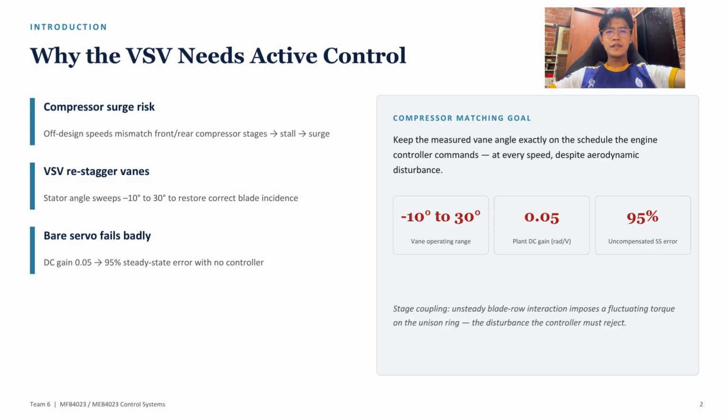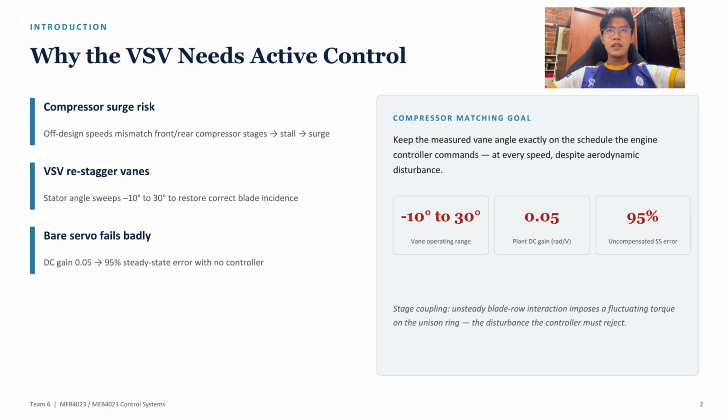The fix is the variable stator vane system. It rotates a row of vanes between -10 and 30 degrees to keep the airflow hitting the blades at the right angle. That vane movement is driven by an electric servo motor with an encoder reporting the actual angle back.